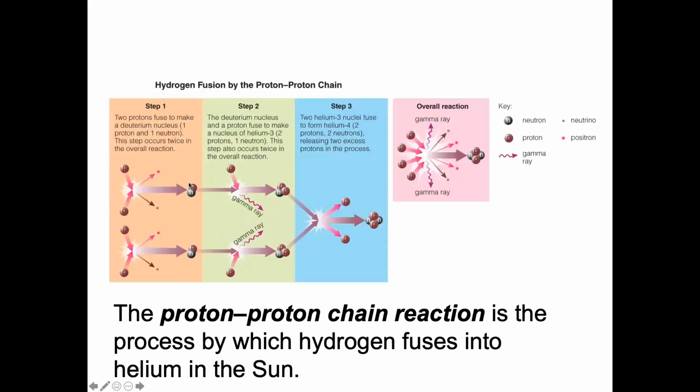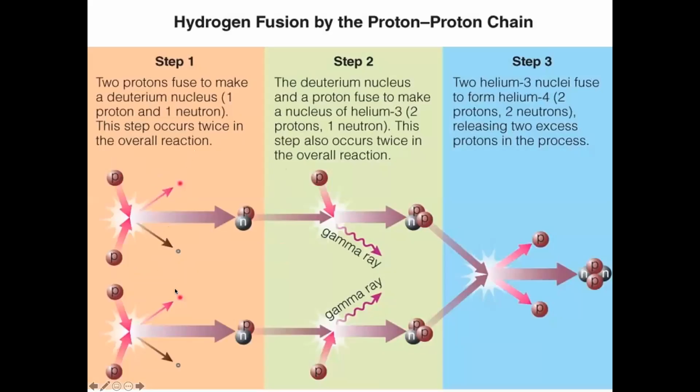All right, so it looks like this, okay? I'm gonna blow this up into a couple more slides so we can see it a little bit bigger. All right, but this is called the proton-proton chain reaction, and through this process, we're fusing hydrogen into helium. So in step 1, we start out with two protons that fuse together.